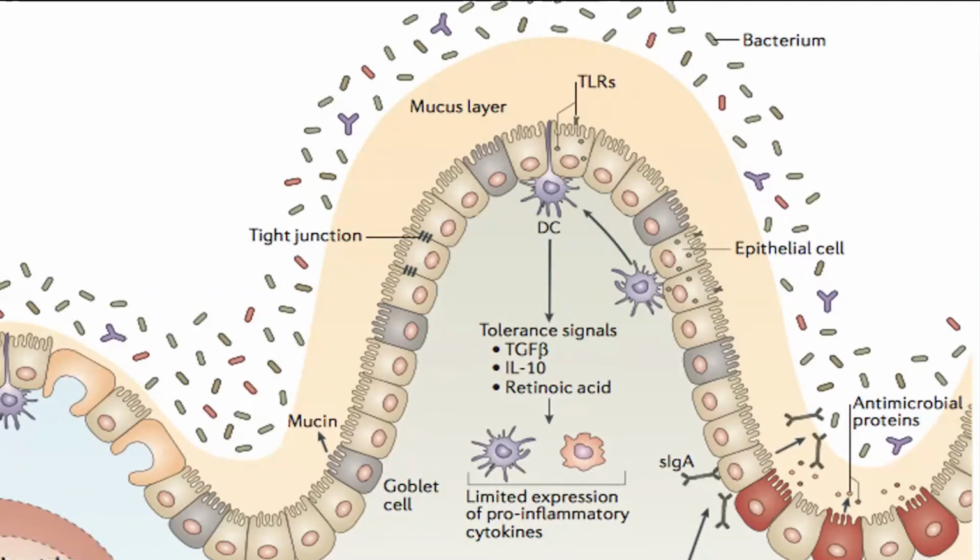You can see here that this mucus layer is keeping the microbes away from the mucosa, which is important to keep the immune reactivity down. That's part of the whole immunotolerance phenomenon, preventing overreaction of the immune system to harmless microbes.